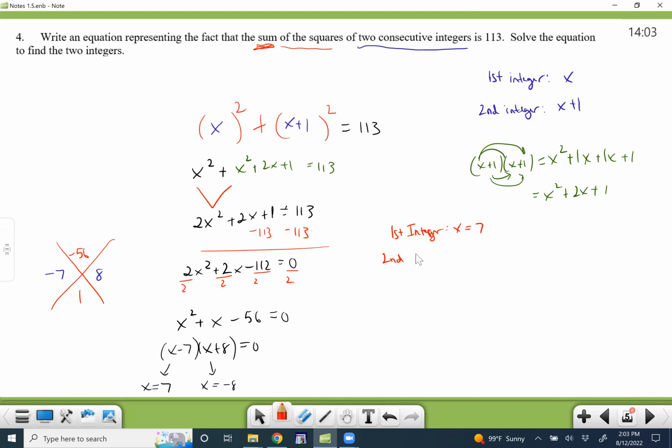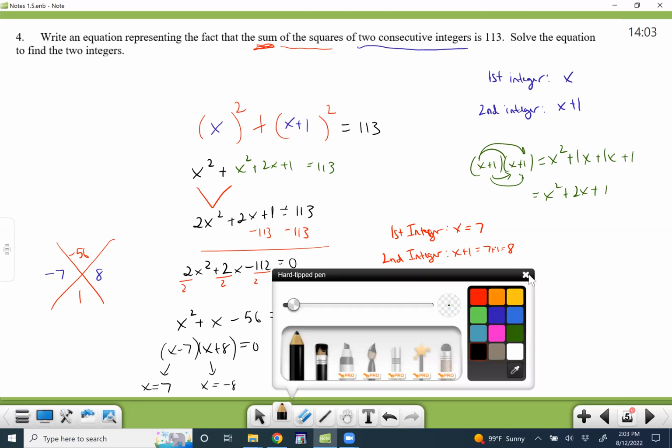Then the second integer, which is x plus 1, would be 7 plus 1, so it would be 8. So that would be 7 and 8.